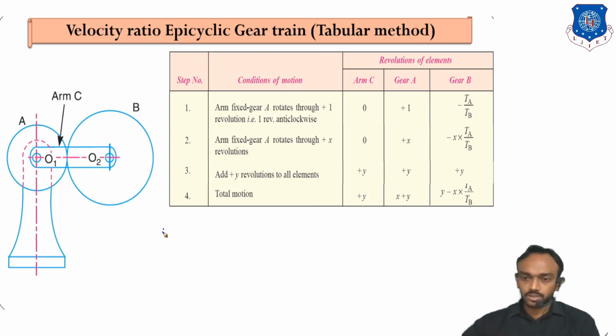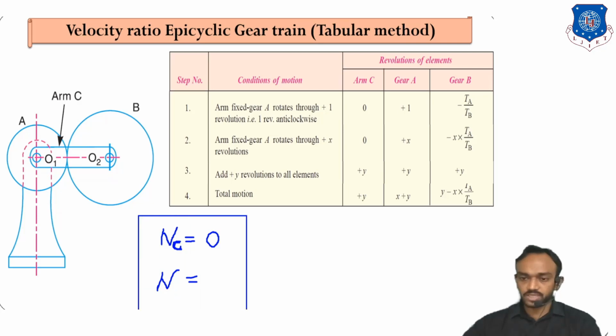After the table, there will always be 2 RPMs given, for any 2 components, and among these 2 components one is given as fixed. Maybe they say gear B is fixed, or the arm is fixed. If they say the arm is fixed, then indirectly they have given the RPM of C equal to 0, and another RPM is given.